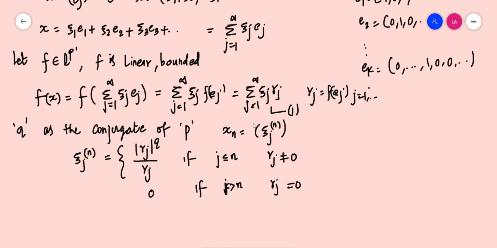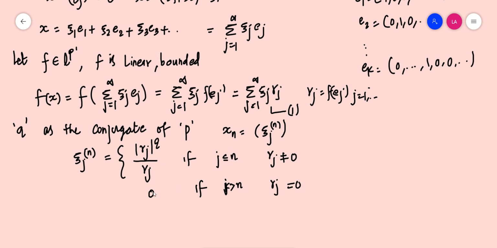So xn, we have defined as the sequence theta jn, where theta jn is equal to modulus of gamma j raised to q divided by gamma j up until the nth term, and gamma j is taken to be not equal to 0.